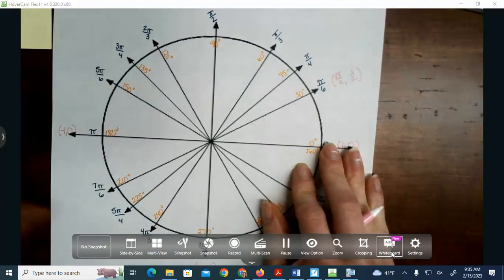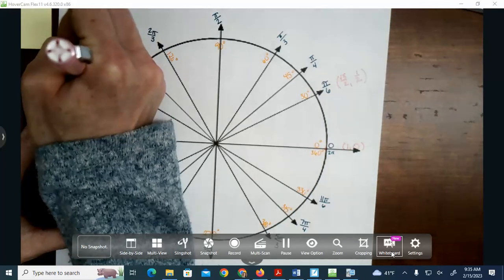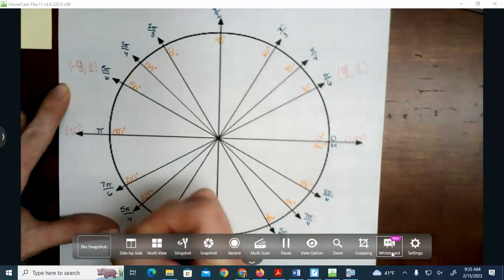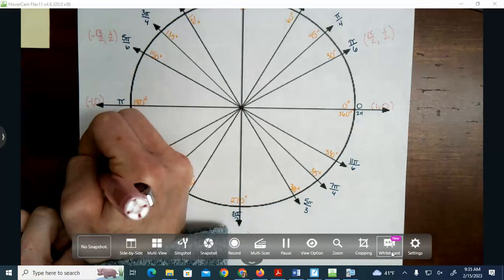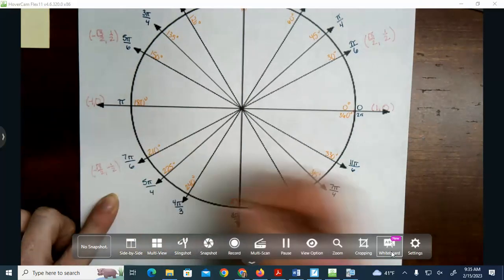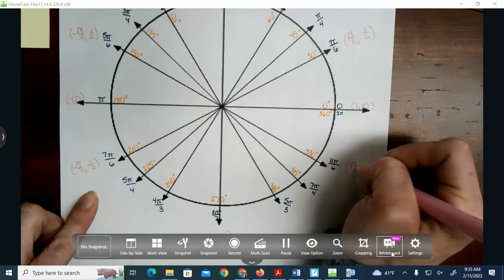But in the second quadrant, the x was negative. In the third quadrant, both x and y are negative. In the fourth quadrant, x is positive and y is negative.